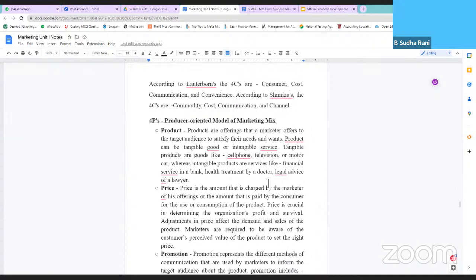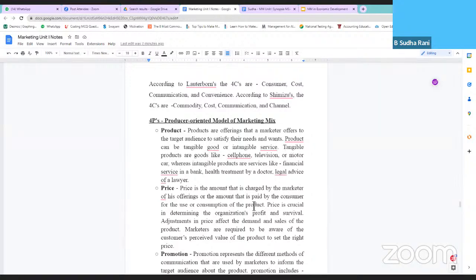By adding required features to the product, like quality, performance, branding, packing, and labeling, the marketer takes care to make sure the consumer will be satisfied.